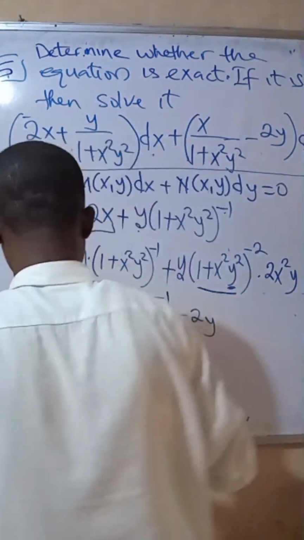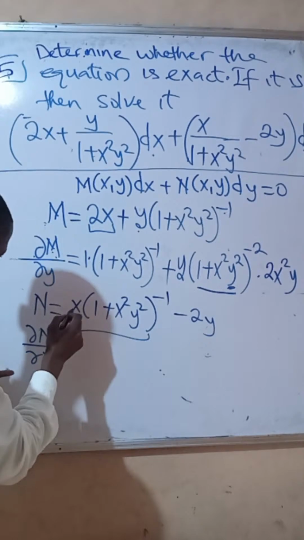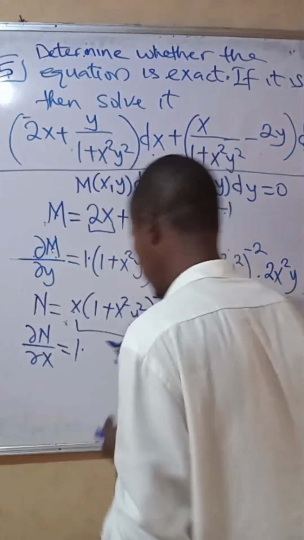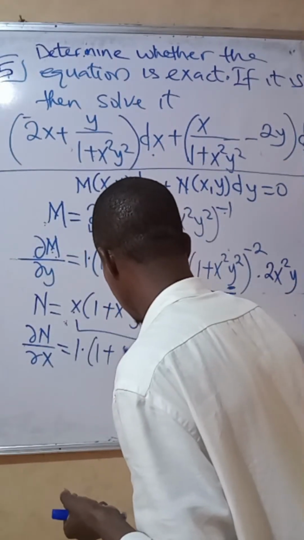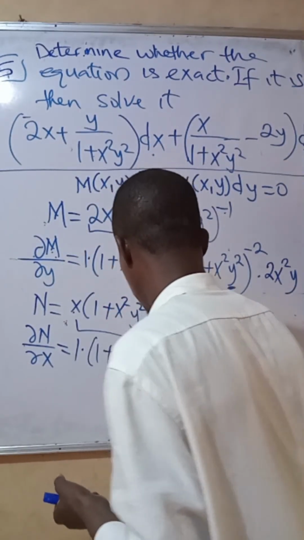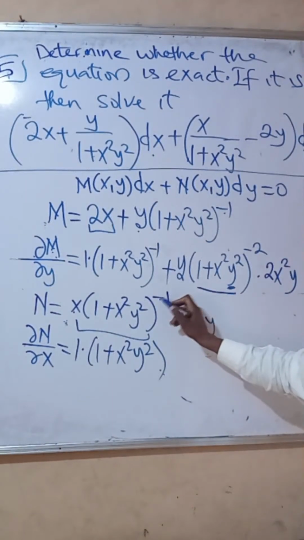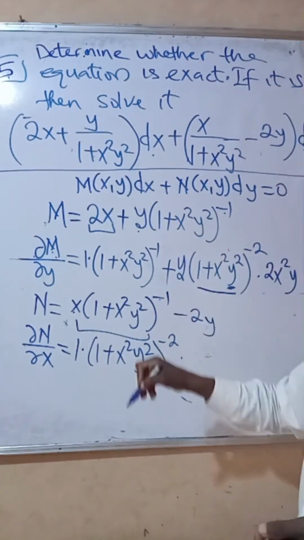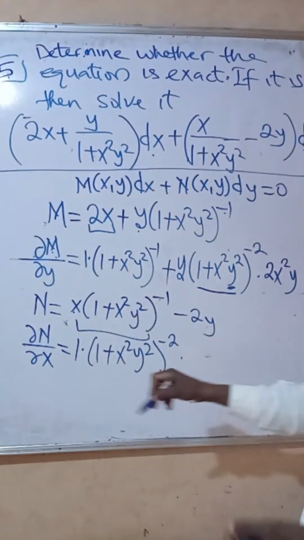So I'm going to differentiate the x now. That's 1, and I'm going to keep this one constant. The power minus 1, that's minus 2. Then times the derivative of the inner function with respect to x.